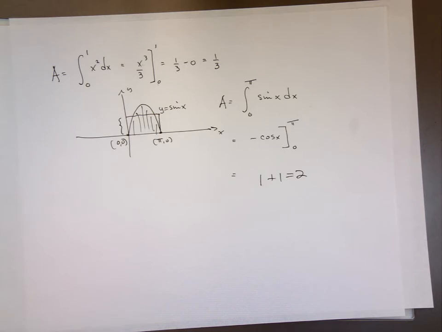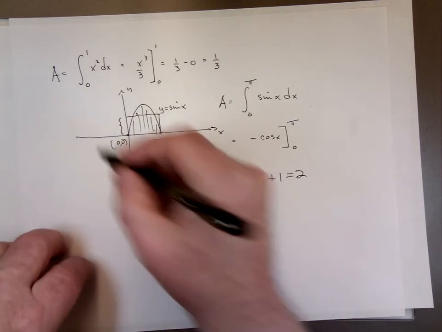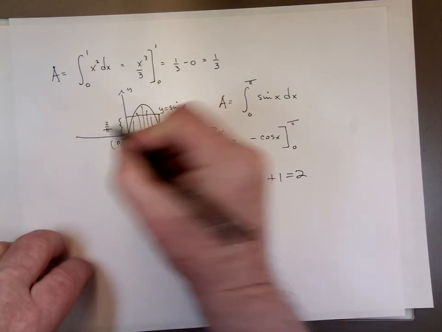Somebody said it. About 2 over pi. Okay, thank you. That's exactly what it is. The height would be 2 over pi. Why? Because the length of pi times its height of 2 over pi would give us an area of 2.